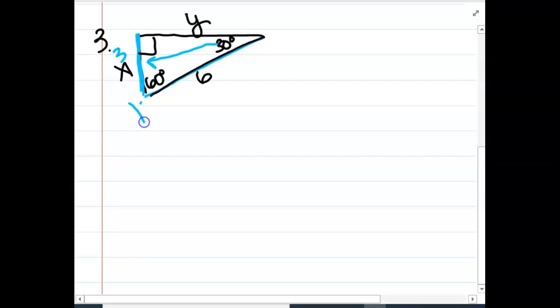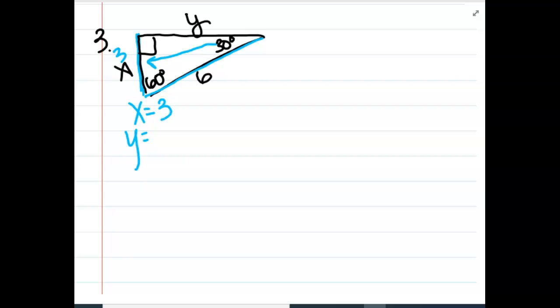It has to be 3. So in this one, I know X is 3. And then to find Y, it's similar, but you have to keep these separate, okay? The other leg in a 30, 60, 90 triangle is the shorter side, 3, times the square root of 3. So you have to keep those separate because the other one's the square root of 2. That's what you got to do for that one, okay?